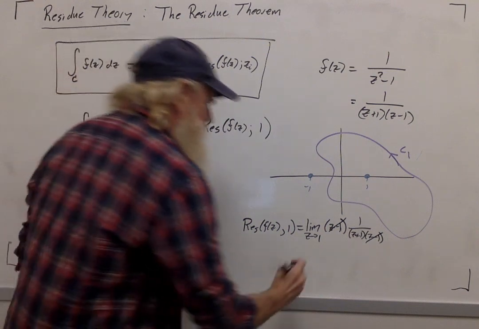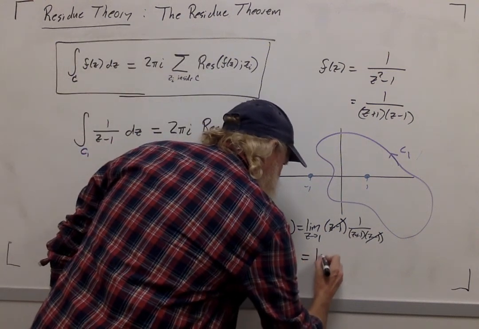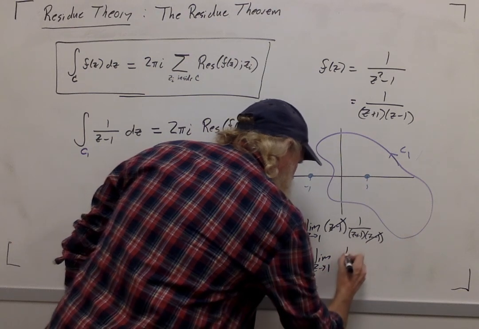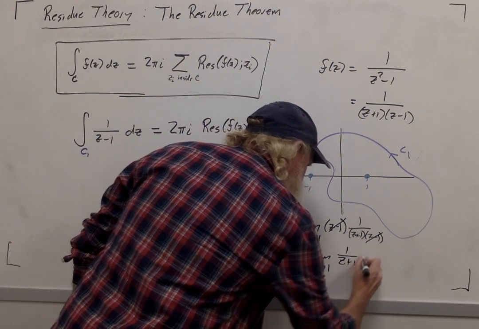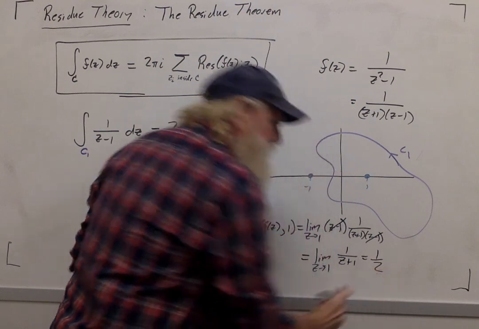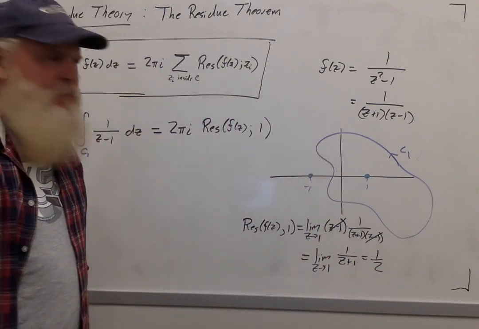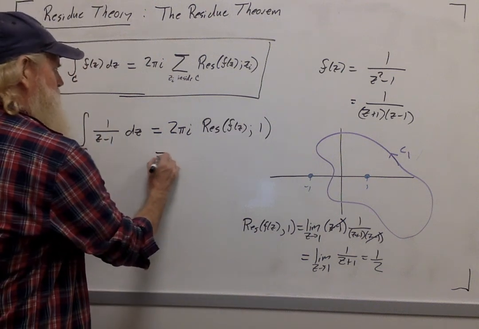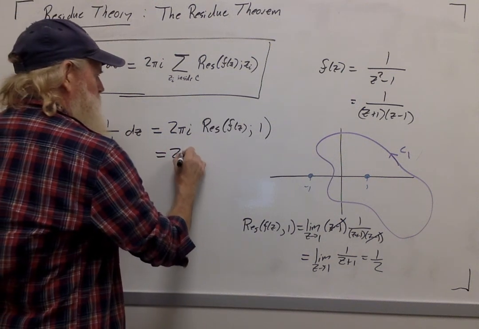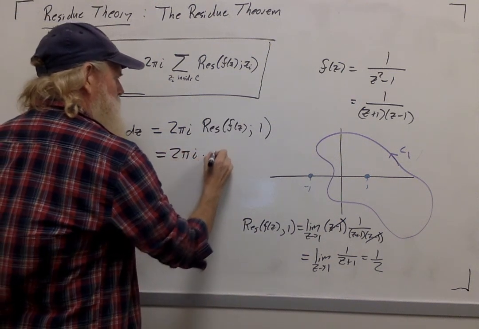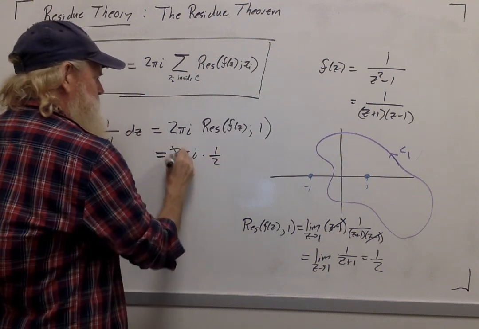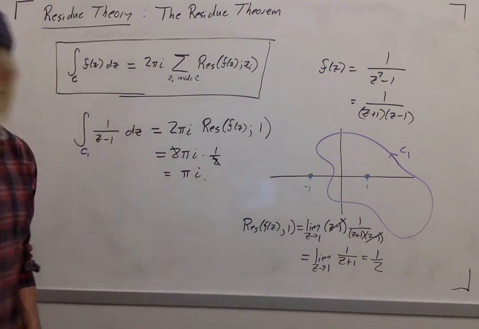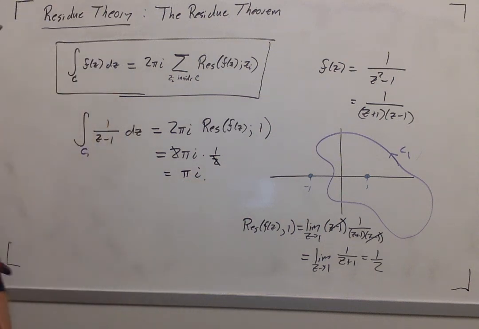Those two factors cancel, and I get the limit as z goes to 1 of 1 over z plus 1, which is a half. So the residue at this pole is a half, so that means that my integral will be 2 pi i multiplied by a half. In other words, pi i.